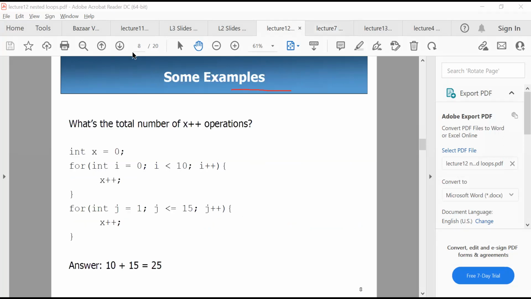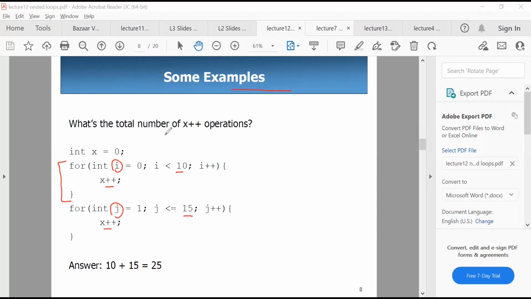Have a look at this x plus plus in these two loops. Here with i, here with j, this runs 10 times, this runs 15 times.